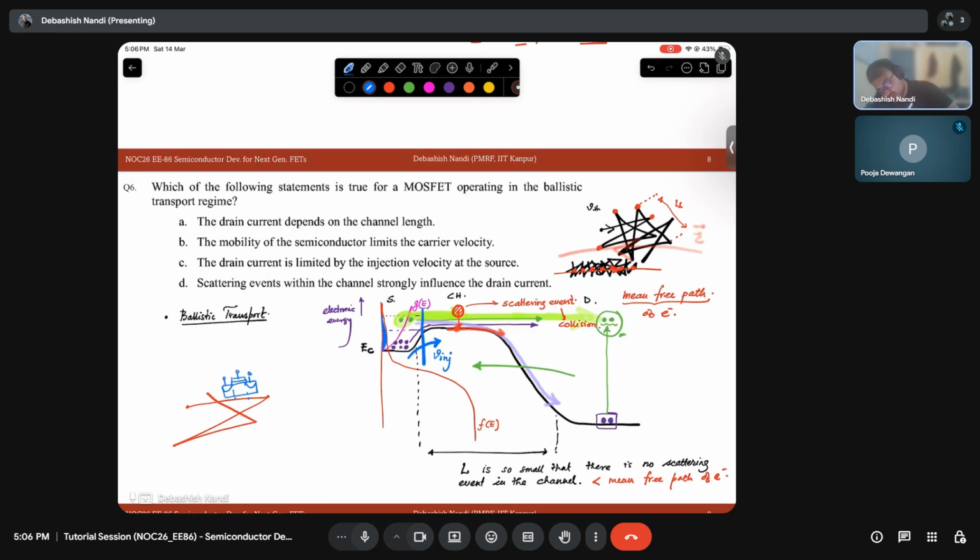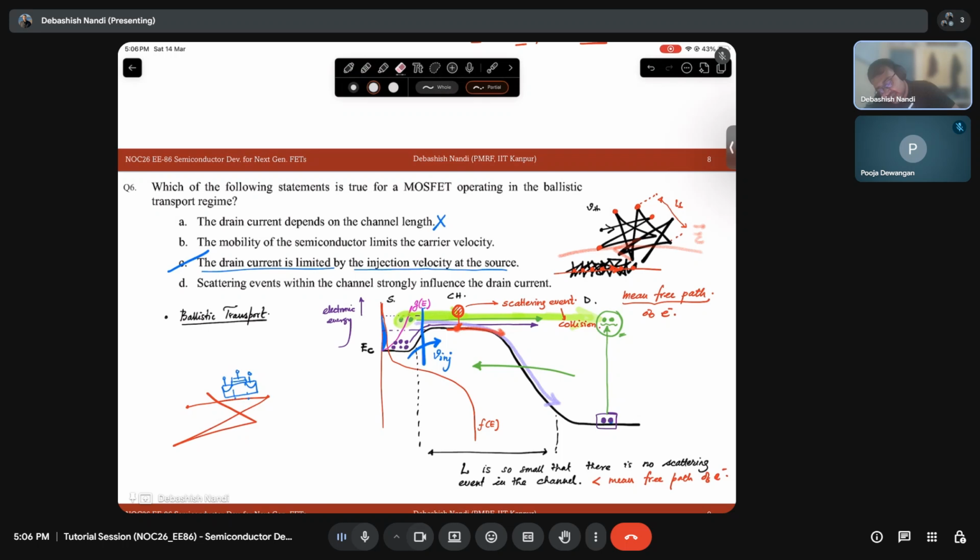So the drain current is limited by the injection velocity at the source. It does not depend on channel length, because the electron can travel beyond the channel length as well. If there is no drain, the electron can travel beyond the channel length at the speed of injection velocity, like a bullet.